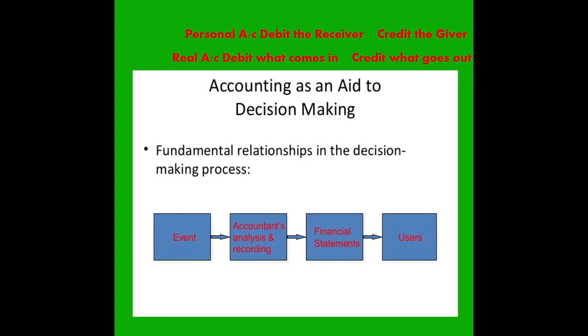He analyzes the transaction, identifies the type of account. There are 3 types of accounts. He will identify in the transaction what types of accounts are involved. Based on that, he will apply the rule, and later the recording, analyzing, recording, summarizing, and preparation of the financial statements.